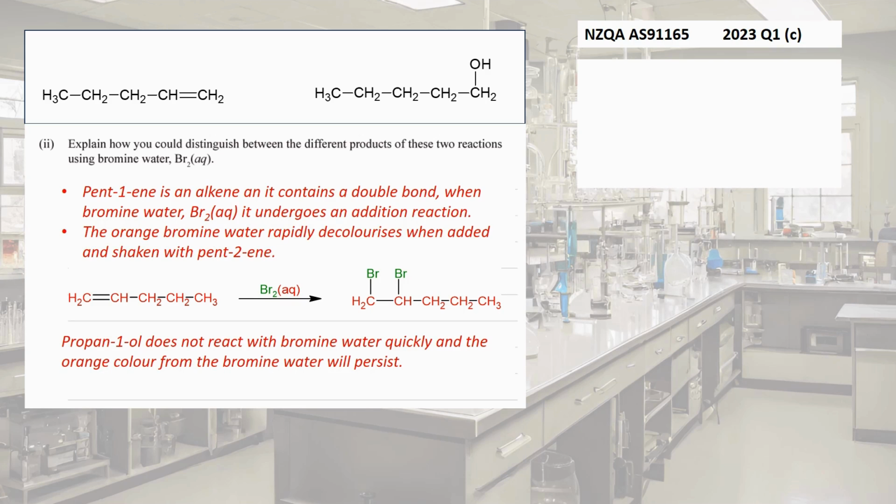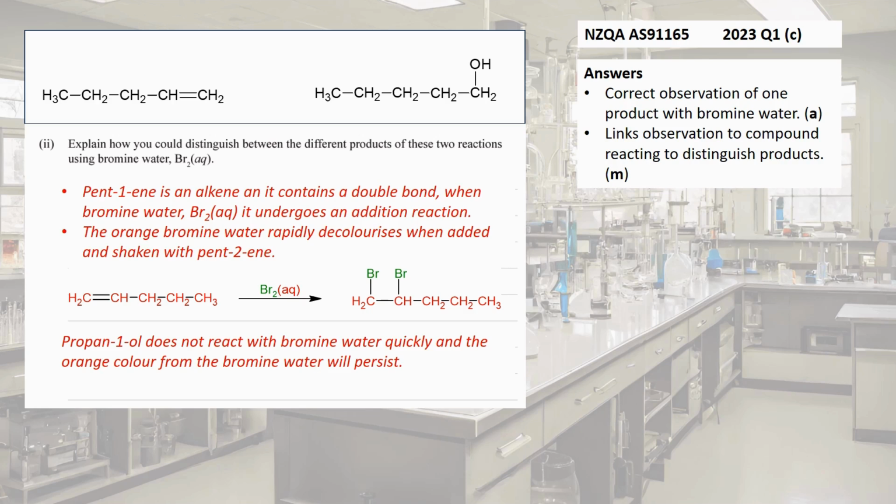Propan-1-ol does not react, so this one here will say it does not react with bromine quickly, and the orange color from the bromine water will stay, or persist. Answers: if we wrote the correct observation for one of these, so even the last bit here, the bromine water persists, I get an achieved mark.